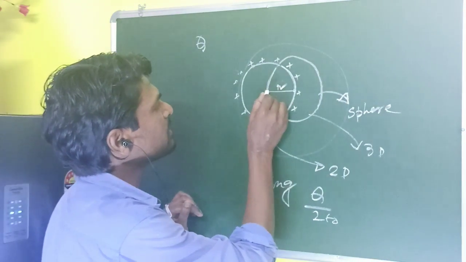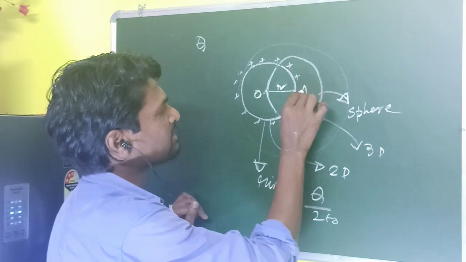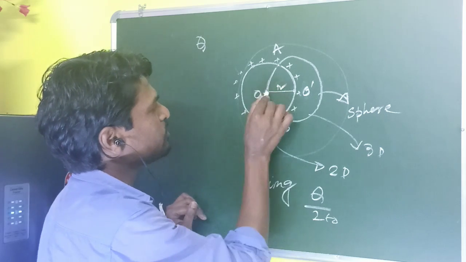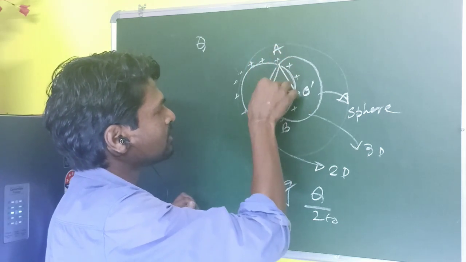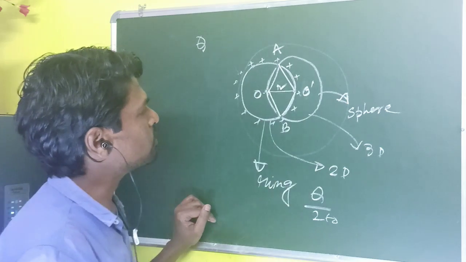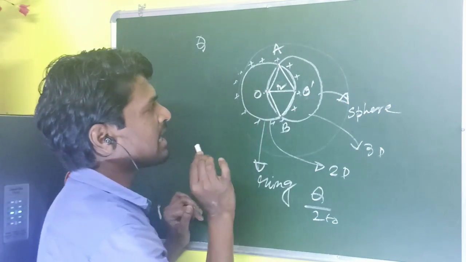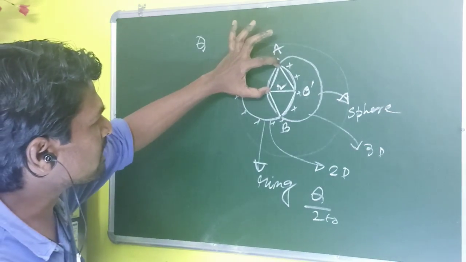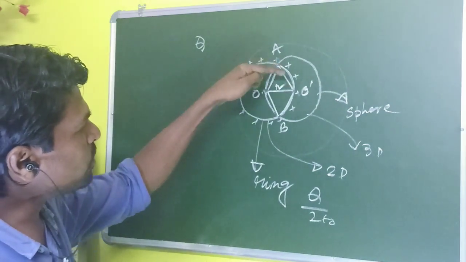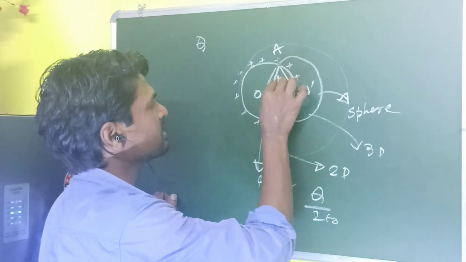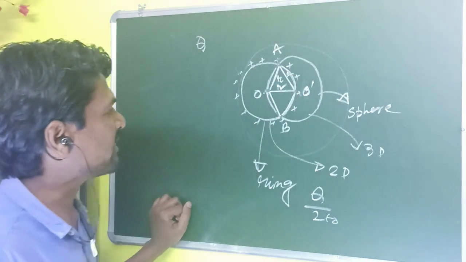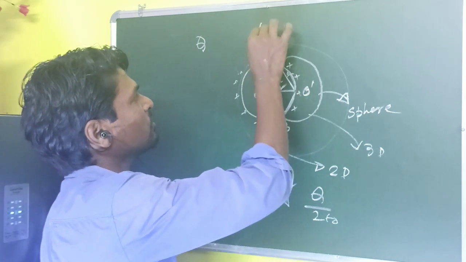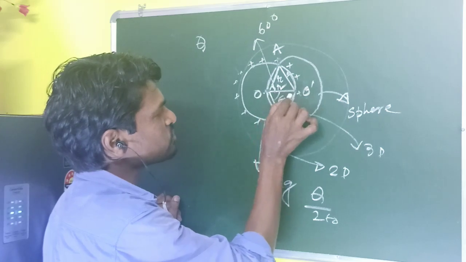Suppose this is A and this is O dash, and this is B, and if we join them, this is R and this is also R, because it is the radius of that particular ring and also the radius of the sphere. So all the distances are R. So it is an equilateral triangle, and each angle is 60 degree.